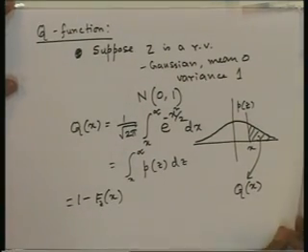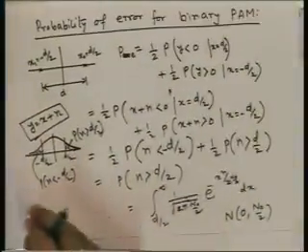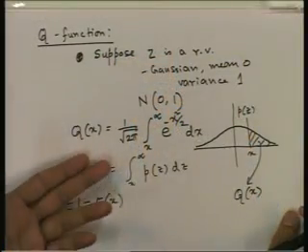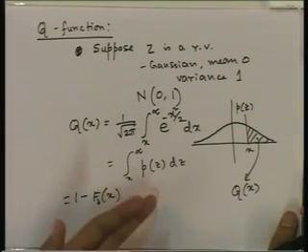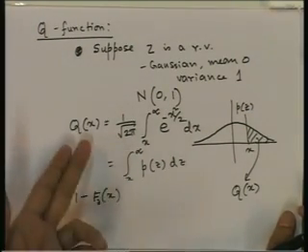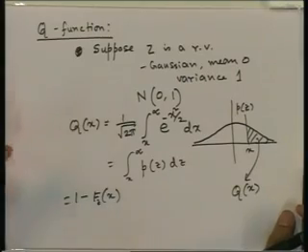Okay. So, this is the Q function, and let us now see what we need to compute and try to express the Q function. The Q function cannot really be computed in closed form. Numerically, the integration can be found, and routines for finding this integration for different values of x are available in MATLAB. Not directly the Q function, but some other function called ERFC, from which you can derive the Q function.